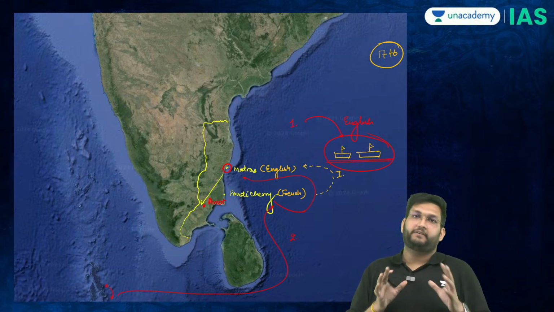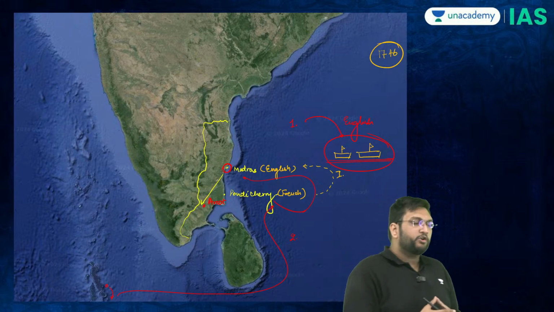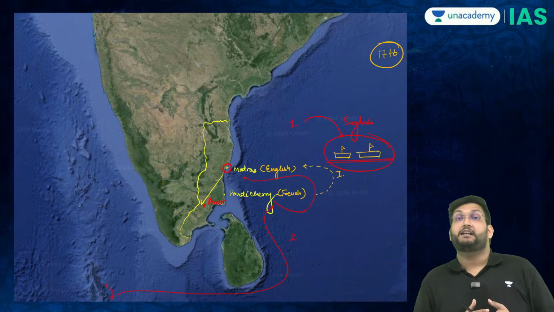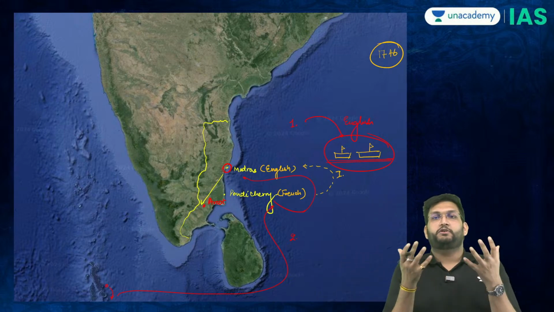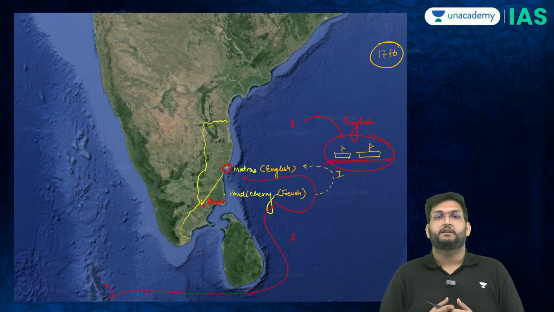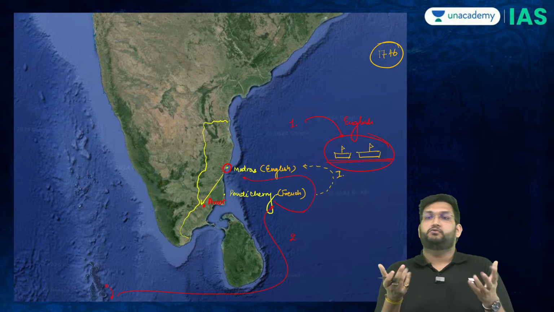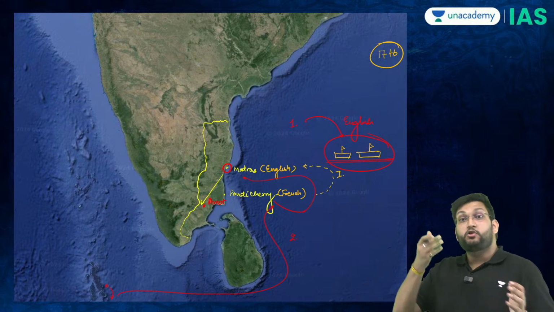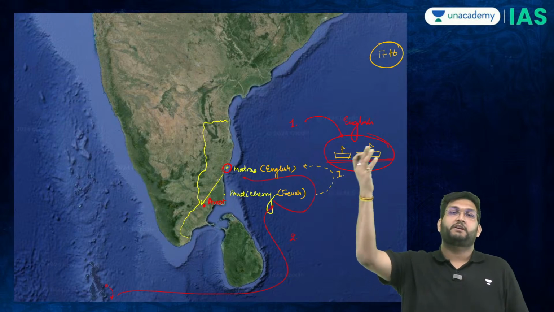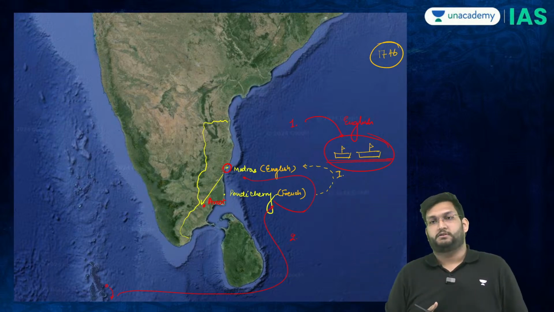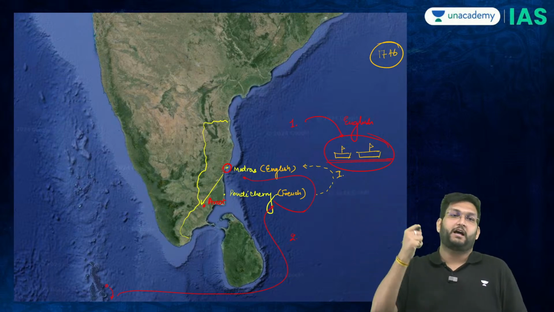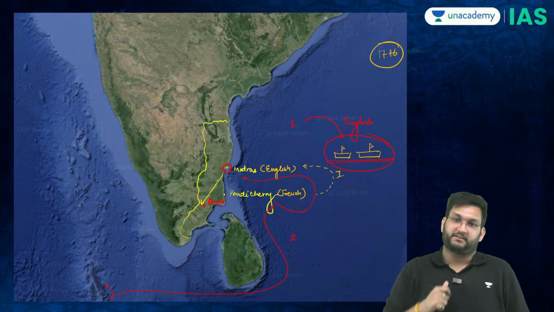Arcot is the capital of Carnatic, and Anwaruddin, one of the most important deputies of Dost Ali, is now going to receive a message from the English: O Anwaruddin, in your reign, the French have captured our Fort St. George. What type of ruler are you? We thought that you could give us protection.